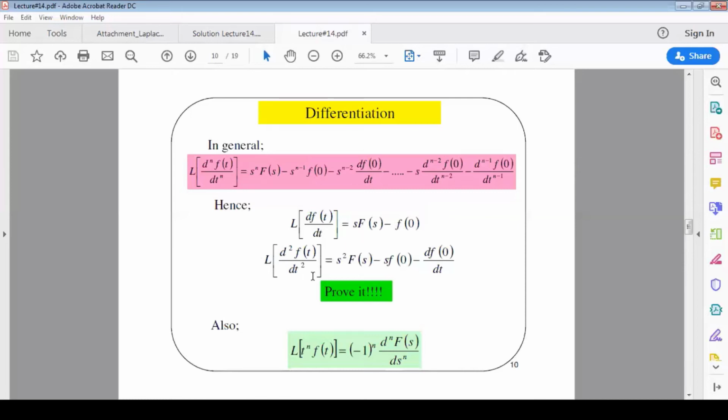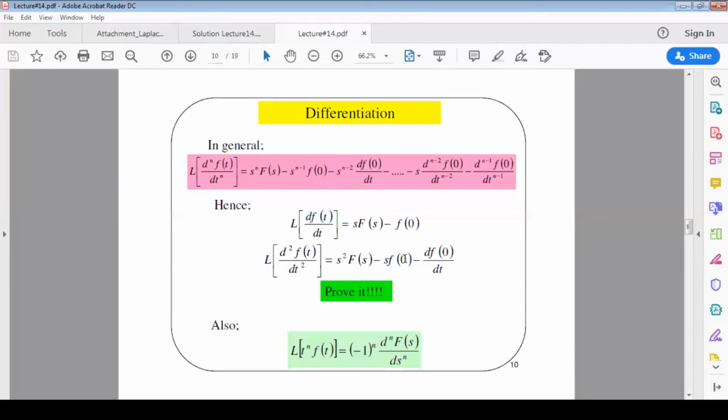Whereas for the second order differentiation, d squared f(t) over dt squared, based on these equations, it should give us s to the power of 2 F(s) minus s f(0), which is the time domain value of f(t) when t equals 0, minus f prime(0). This means the value of the first order differentiation in time domain, df(t) over dt, when t equals 0.